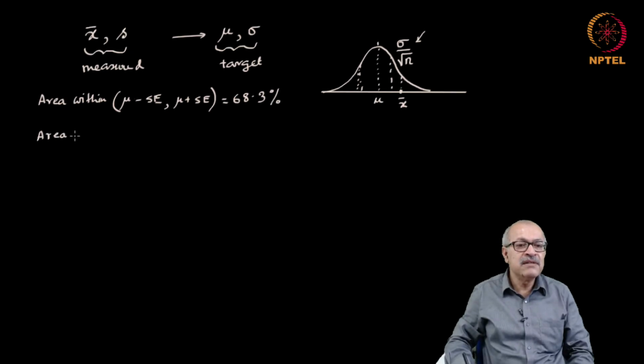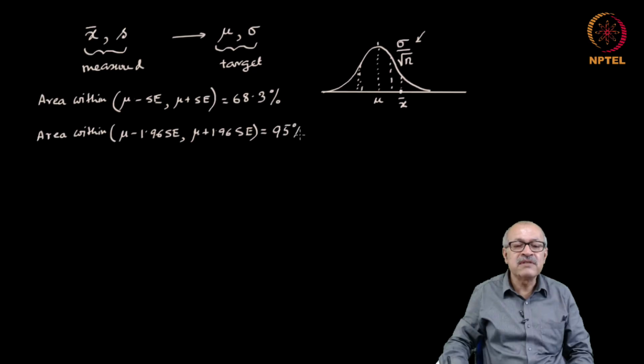The area within mu minus 1.96 standard error and mu plus 1.96 standard error is actually 95%.